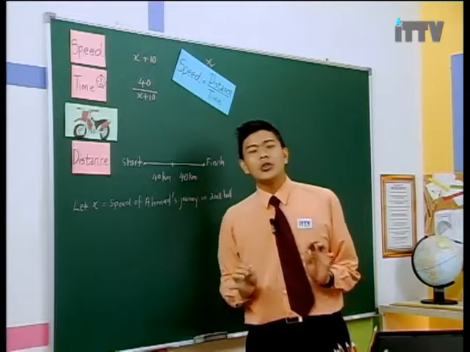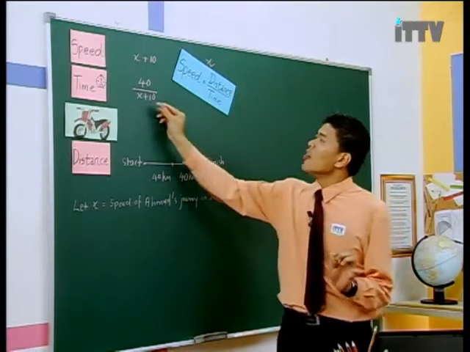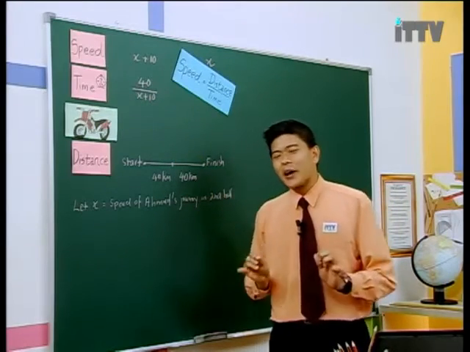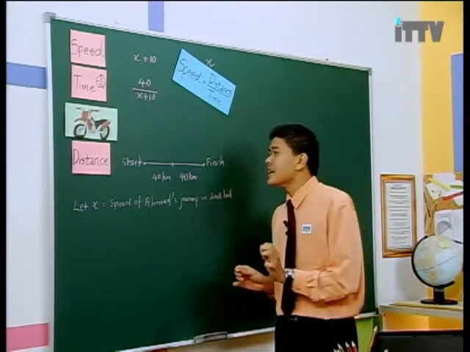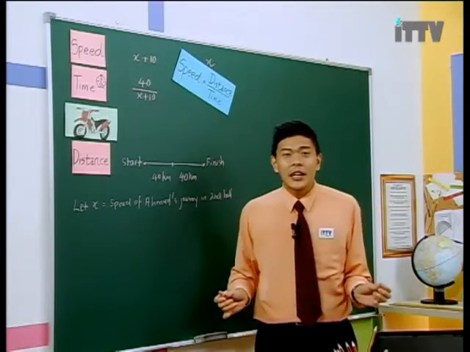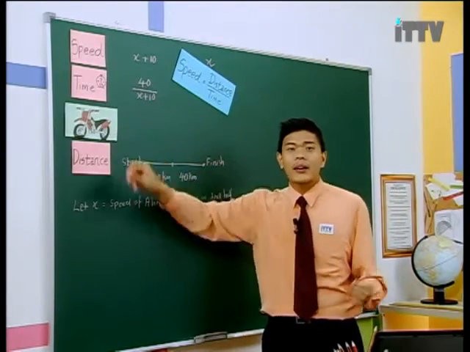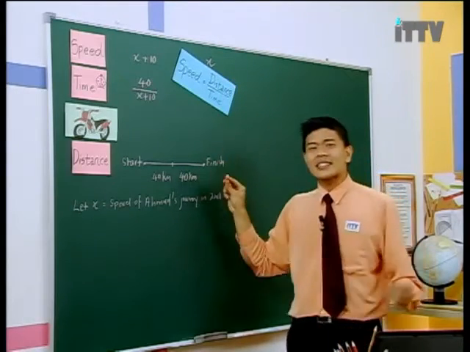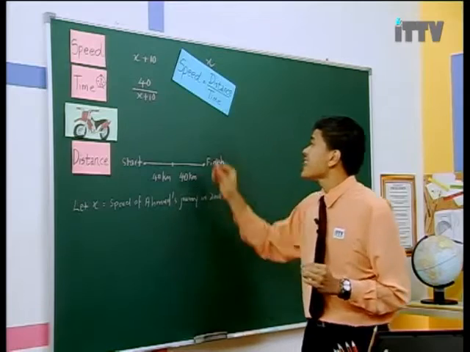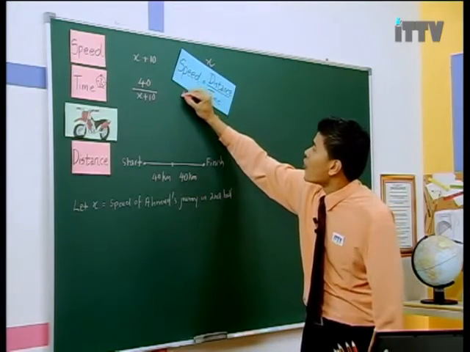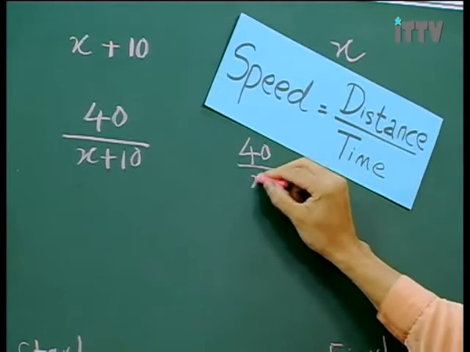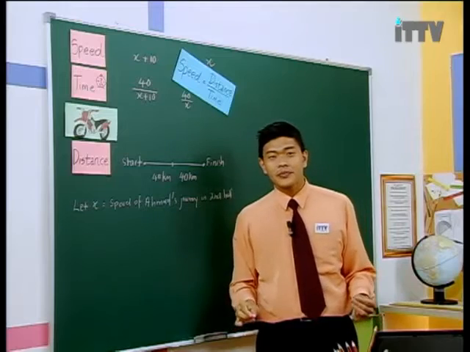So Ahmad actually took 40 over x plus 10 hours to travel in the first half. Now, what about the time taken in the second half of the journey by Ahmad on his motorbike? Well, since time is distance over speed, in the second half, Ahmad took 40, the distance, over the speed, which is x hours.